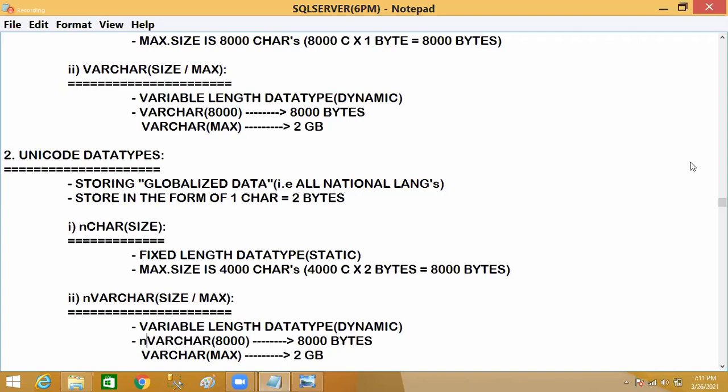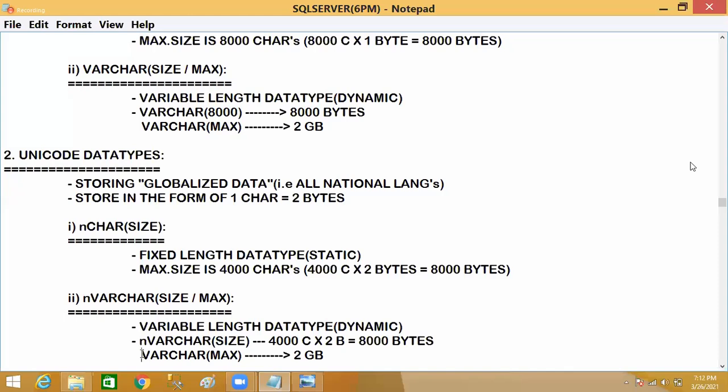If I give 4000 characters, then 4000 characters into 2 bytes is again 8000 bytes.